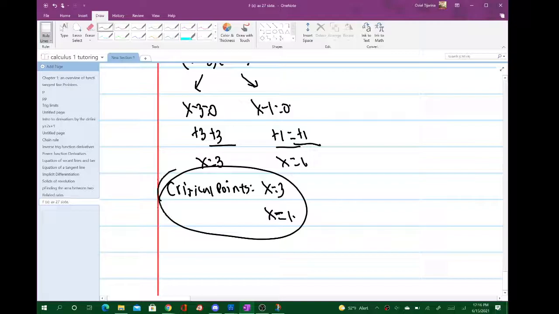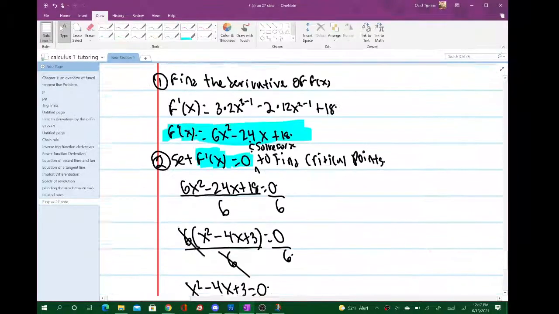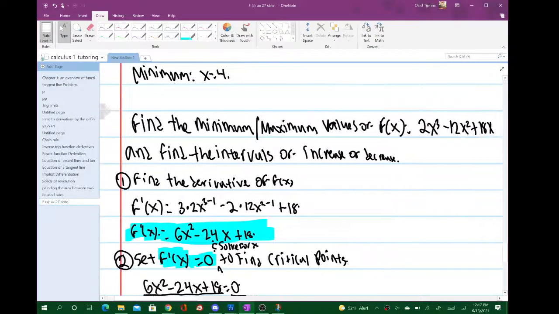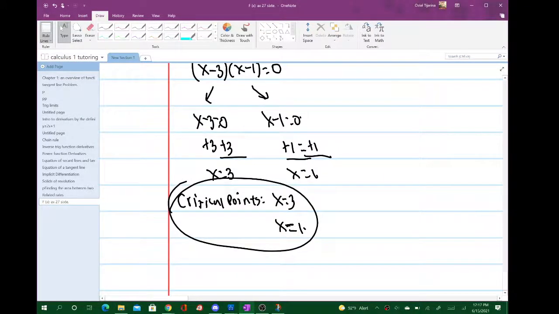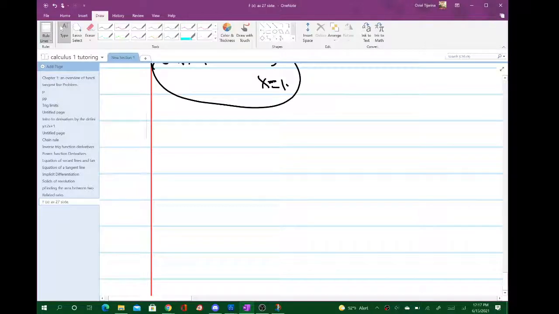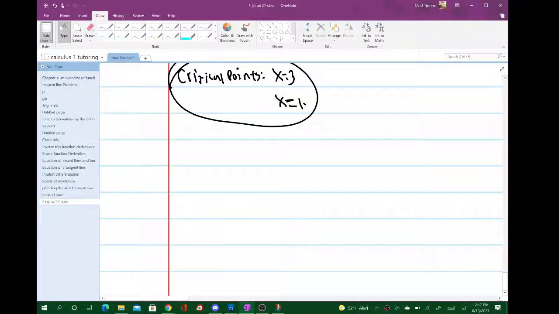So now we have to find the minimum and maximum values. The first thing that I really recommend you do is find the intervals of increase or decrease. Now you're going to draw a number line.